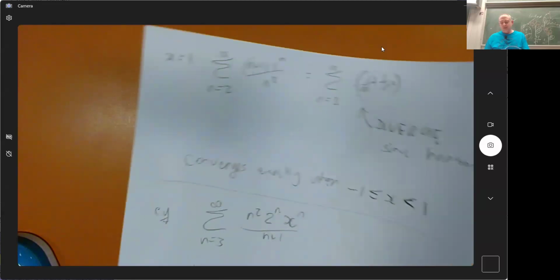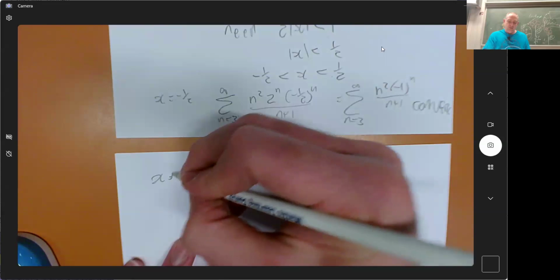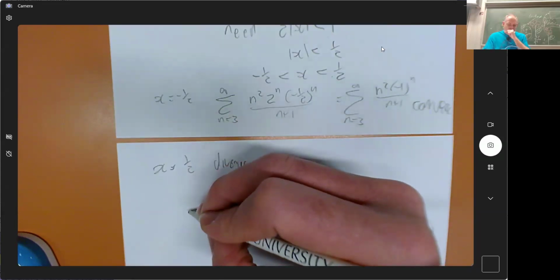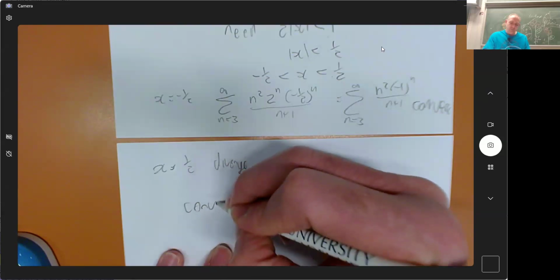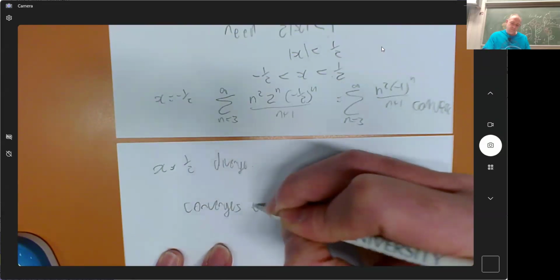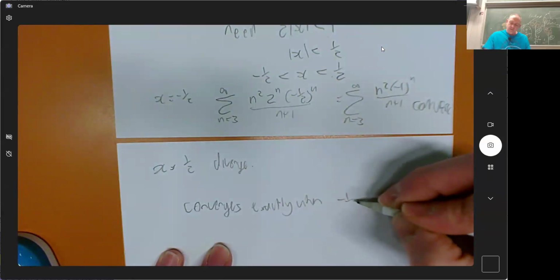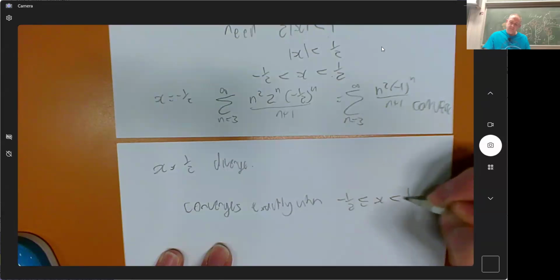Yeah. And the other one would diverge. And so you'd end up with x equals plus a half diverges. And so you'd get that.